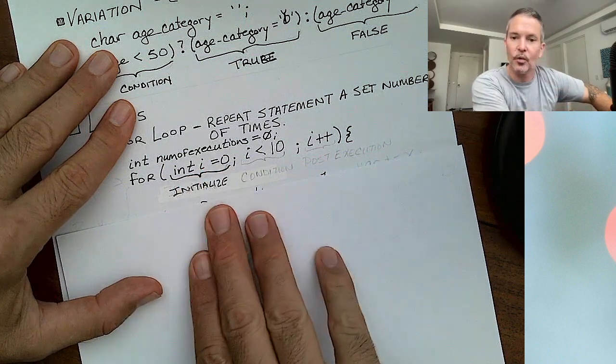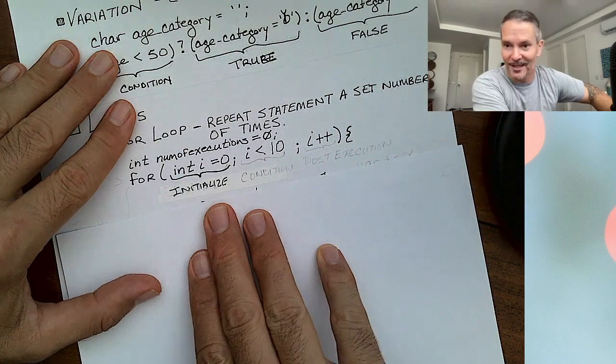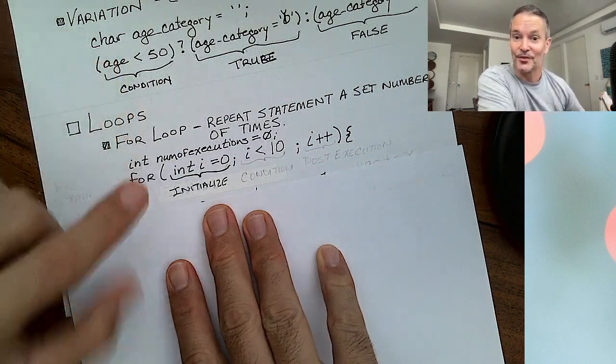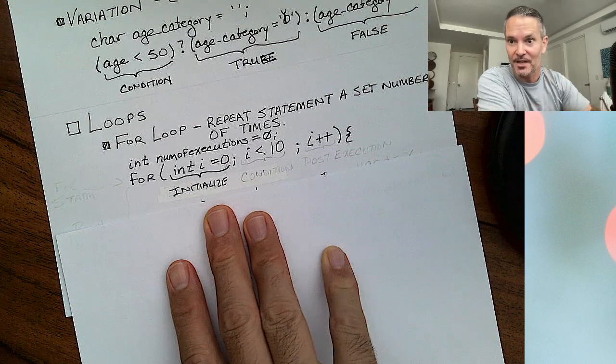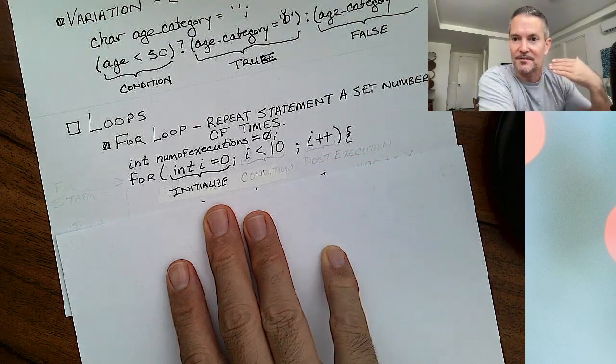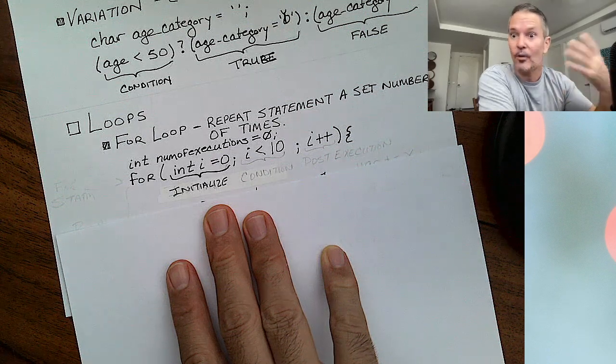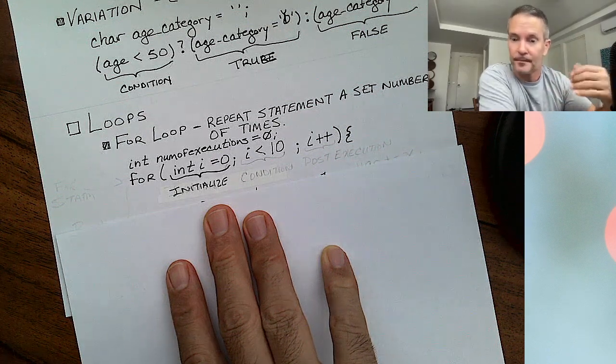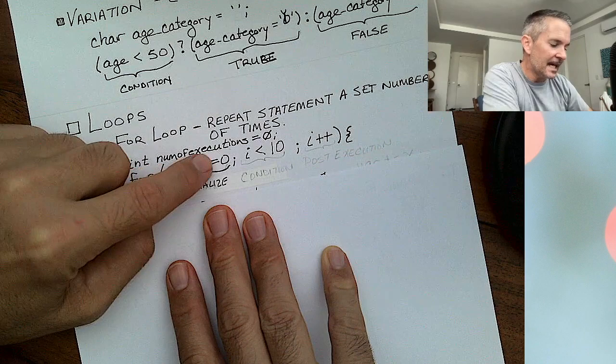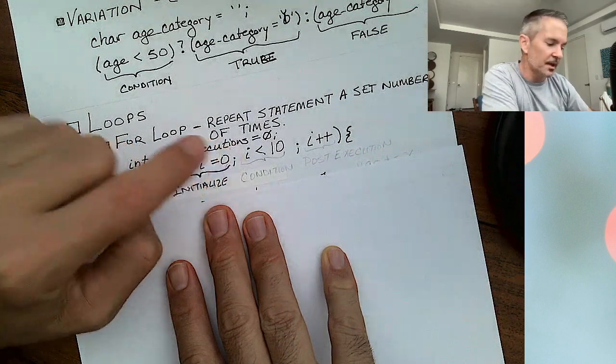This is almost always what the beginning of a for loop will look like. Everybody almost always uses a variable called i, which means index or iterator, or it just means a variable that you're using to count your way through the loop. Int i equals 0, semicolon.